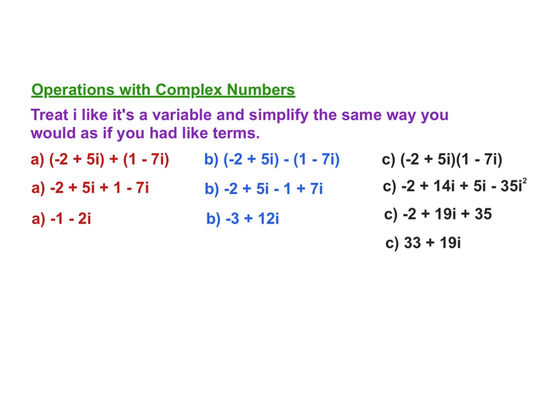Last thing that we need to look at, because we haven't talked about division at all. Oftentimes we will see division problems involving complex numbers. Before I get into that, let's understand what the issue is.